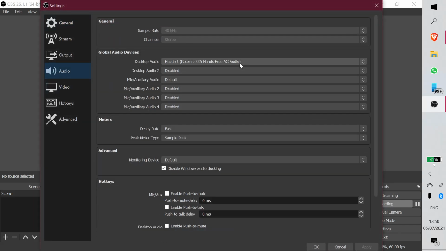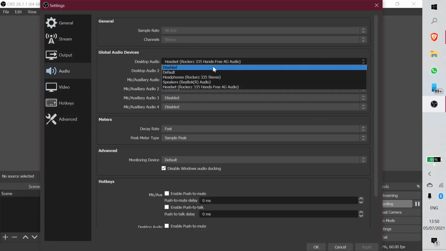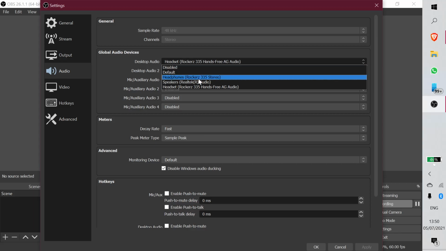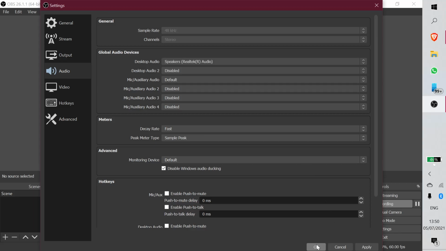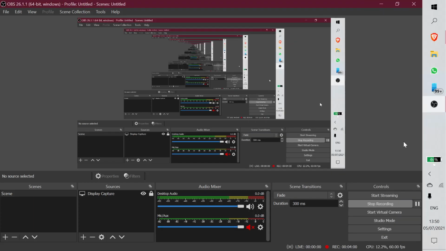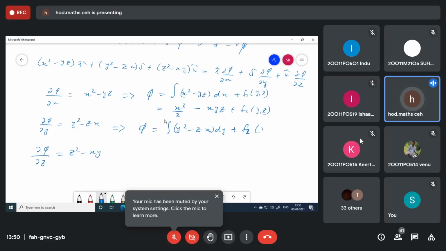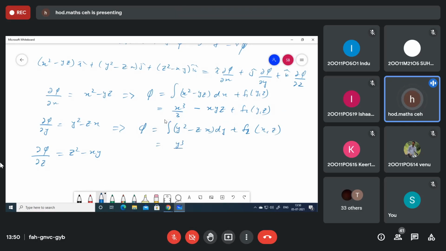Similarly, from the second one, you will get phi is equal to integral y square minus zx dy plus some function of x and z. So if you solve it, you will get y cubed by 3 minus xyz plus some function.